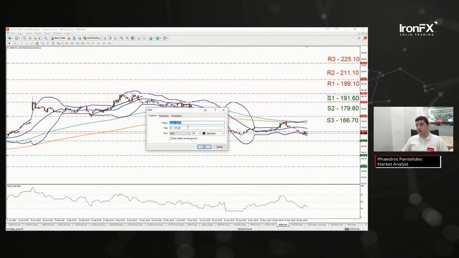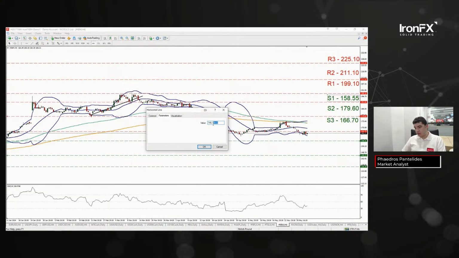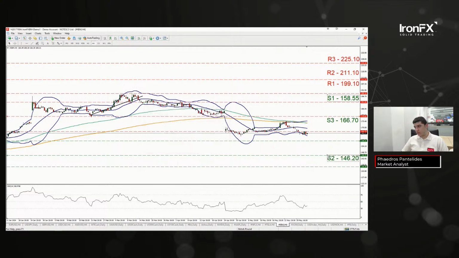So this becomes S1. 146.20 becomes S2. 136.40 becomes my new S3.